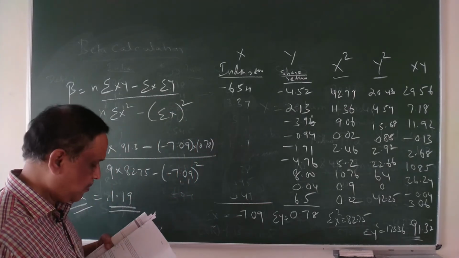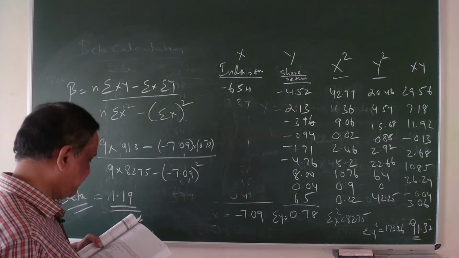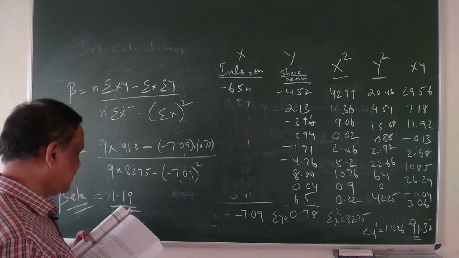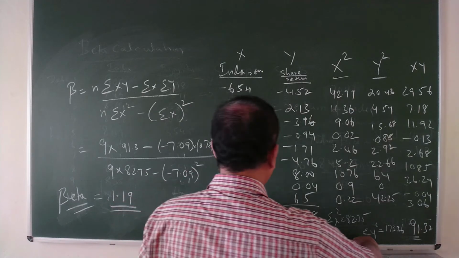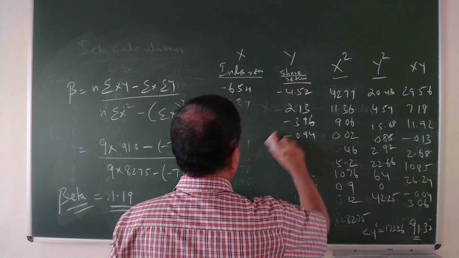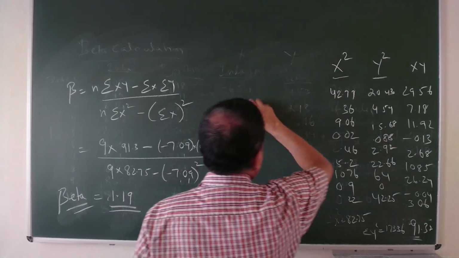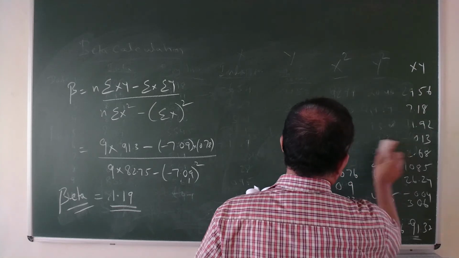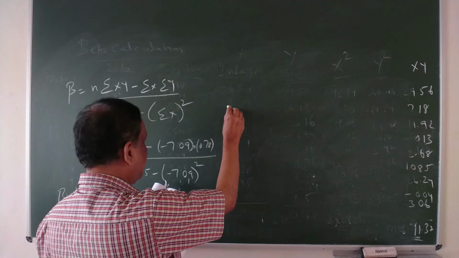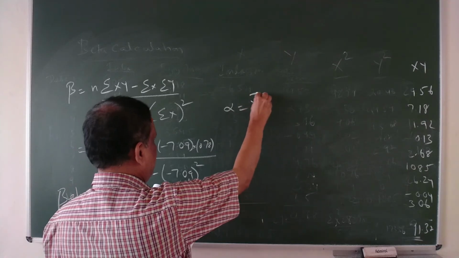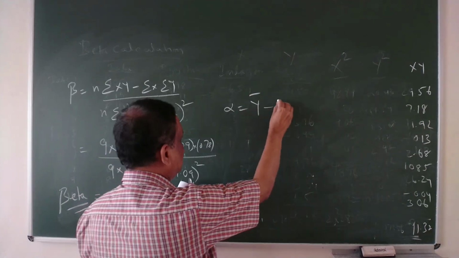Now let us find out what is alpha. The formula for alpha is y bar minus beta into x bar.